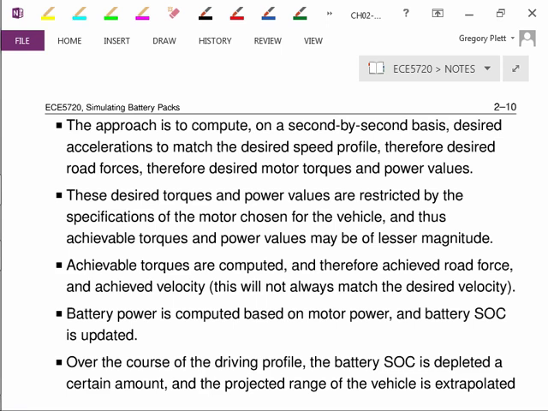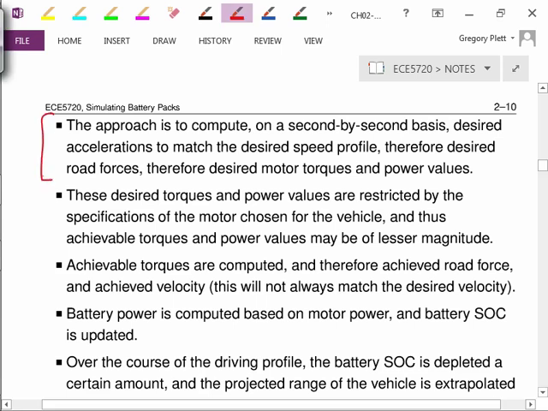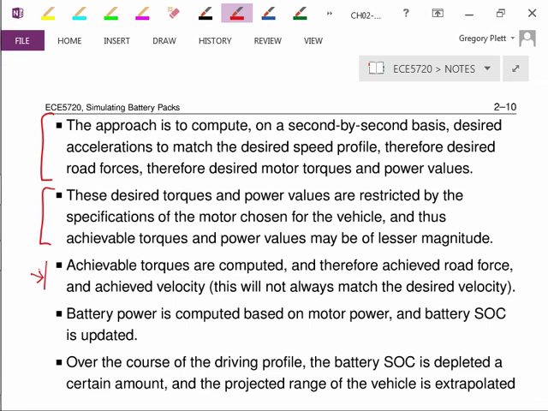And so we take the desired torques and powers and we limit them to the maximum achievable torques here, and we get these achievable torques, and therefore achievable road force, and therefore achieved velocity, and this will not always match the desired velocity because of the limitations of our components.